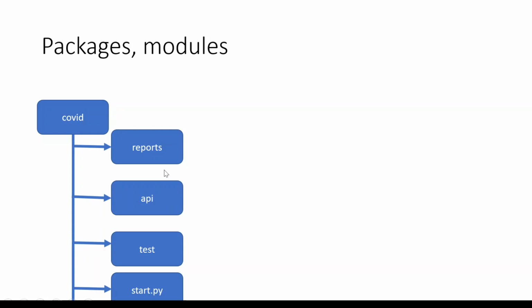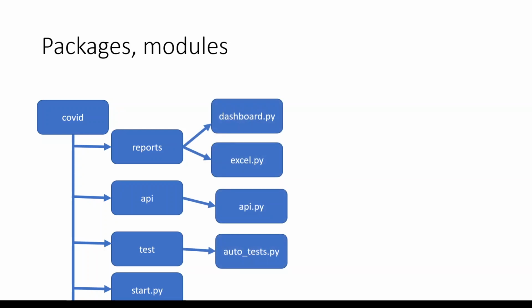Then let us try to fill in some modules, or write some files into them. These are imaginary. So reports maybe has two files, dashboard.py and excel.py. Dashboard takes care of putting things on the dashboard and displaying stuff.